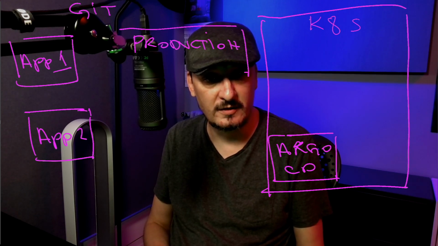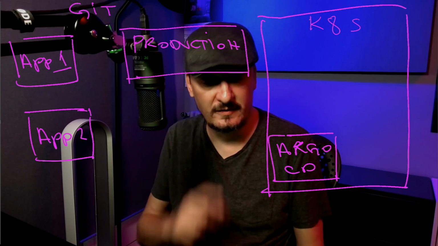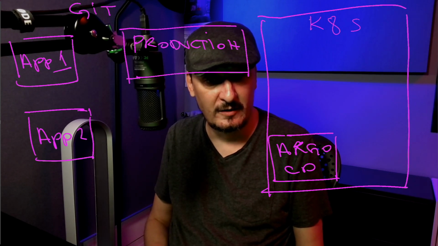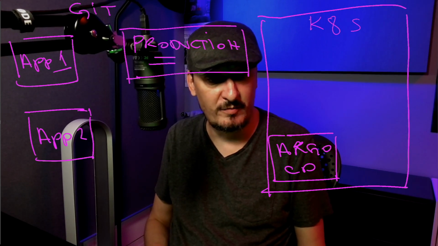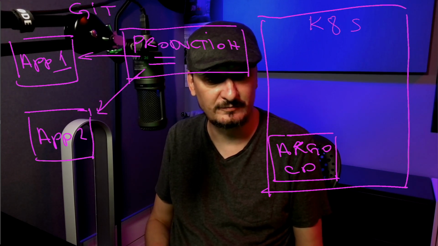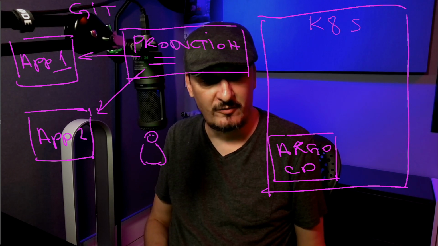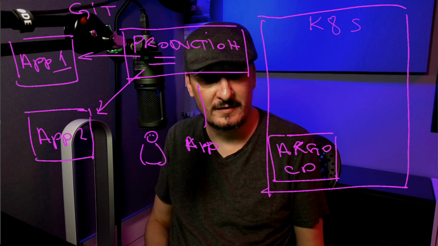Still a Git repository. That Git repository defined two, in this case, Argo CD applications, 1 and 2, and they were basically only the references to Git repositories with definitions of those applications. And then me, in this case, this is me, created another Argo CD application, app, that references this repository, and it created it in Argo CD.